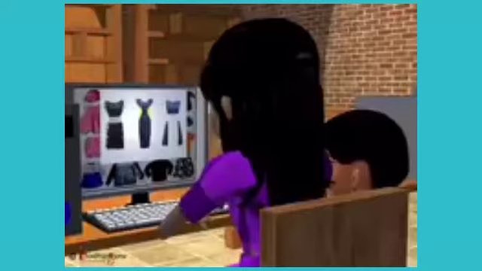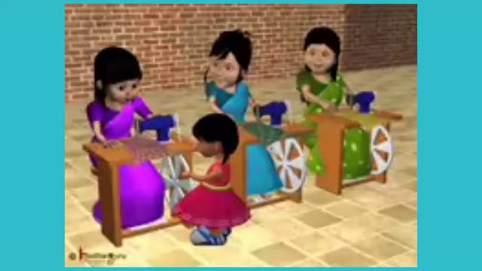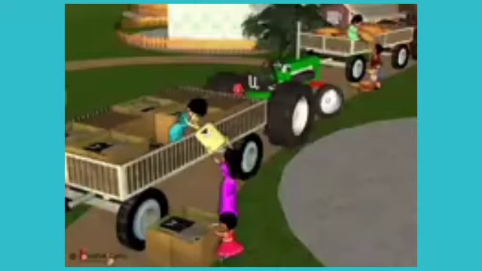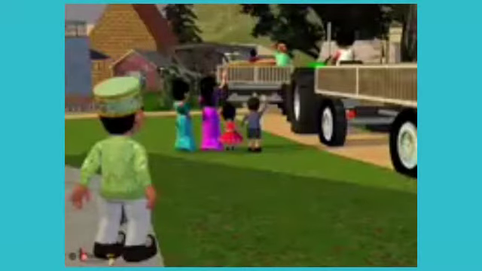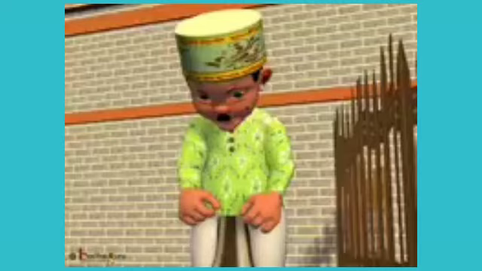And they made great artistic clothes for the exhibition. I don't have a future here. These villagers have grown rich and I have grown poor.